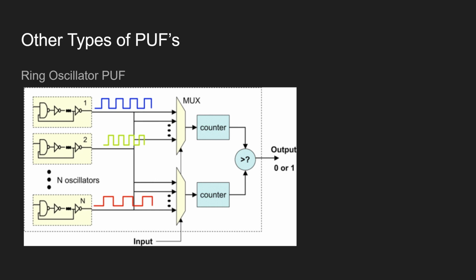The ring oscillator PUF is a PUF that relies instead on the speed that goes through and determining what the value is based off the speed of going through those logic gates and which data bit goes through those logic gates. It just instead determines it on the oscillations and counter system.